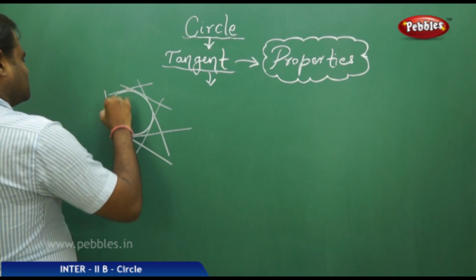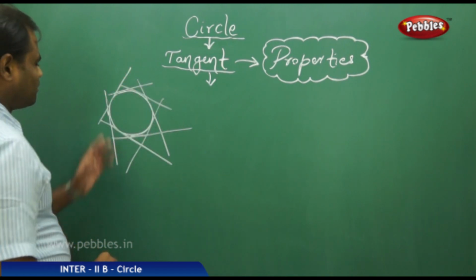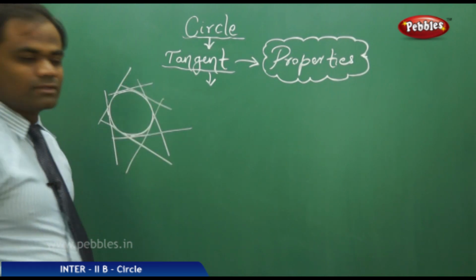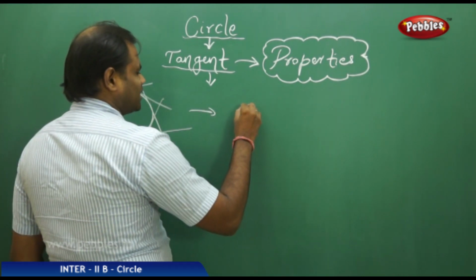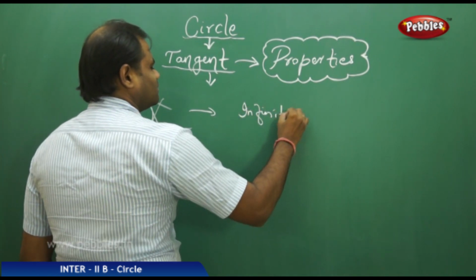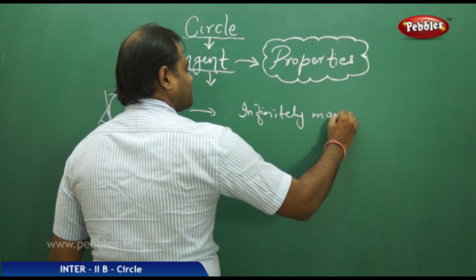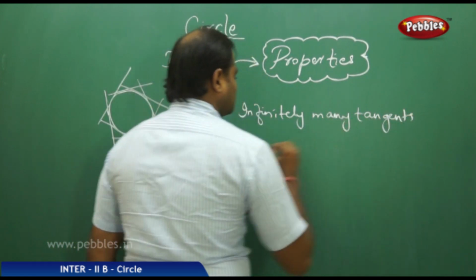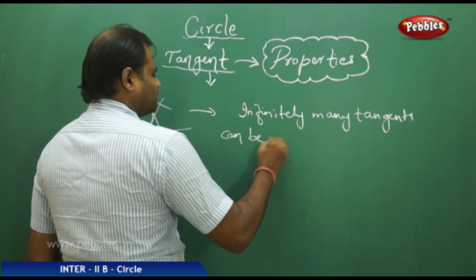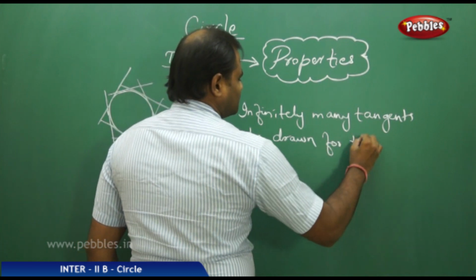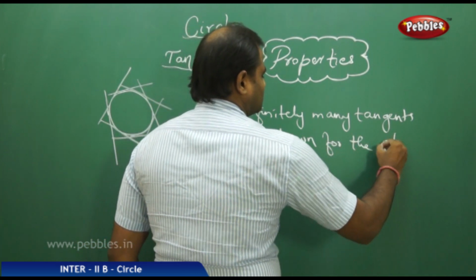Etc. So this is how I see that there are infinitely many tangents which I can draw all across the circumference of the circle. Therefore, I can say the first property is that infinitely many tangents can be drawn for the circle.